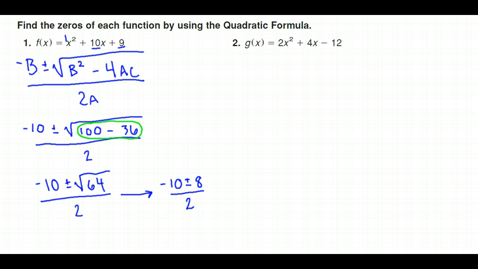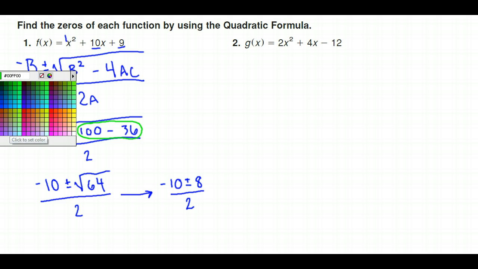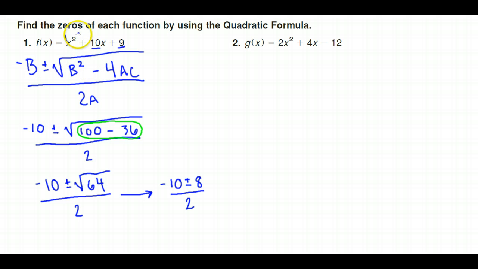This tells me that when it comes out perfect like this, as a perfect square, square root of 64, this could have been factored. And if you look up from the beginning, yeah, this could have been factored right away. So the quadratic formula really wasn't the best way to do this, but nonetheless it is possible to use the quadratic formula with anything.